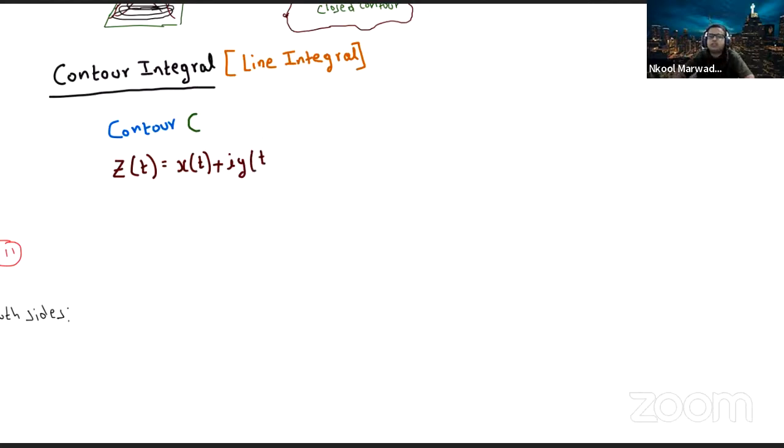So let us suppose this is the complex function which is representing a contour C.